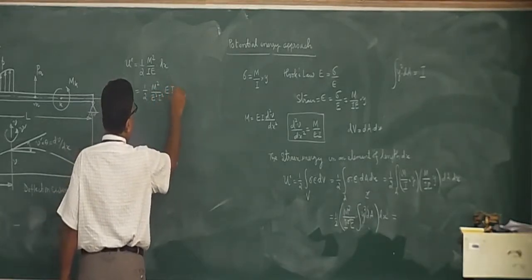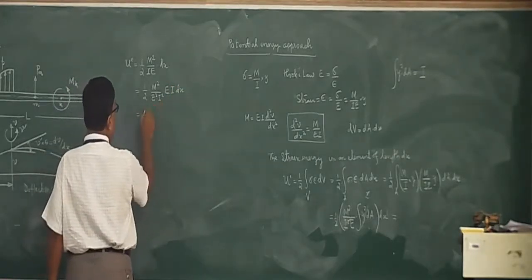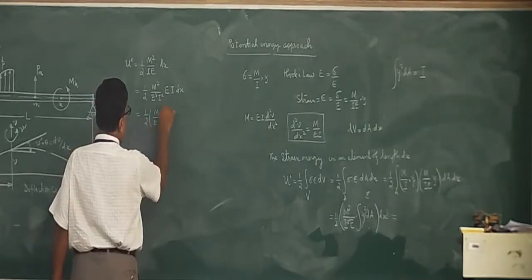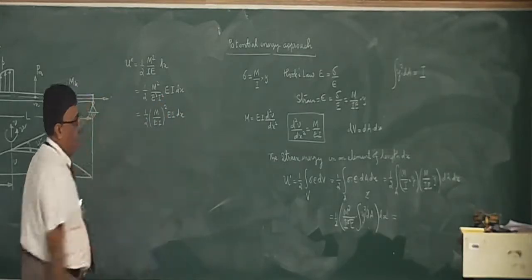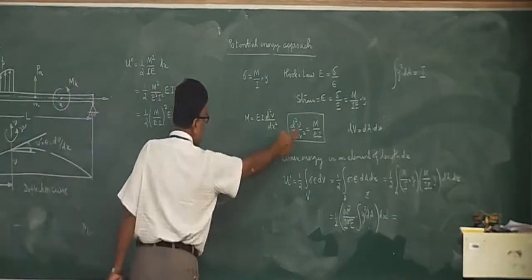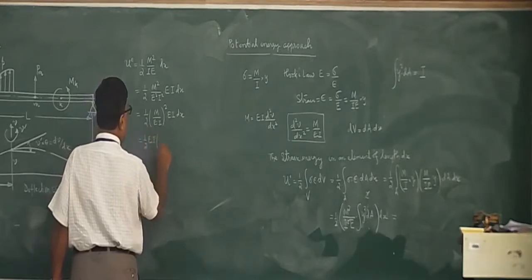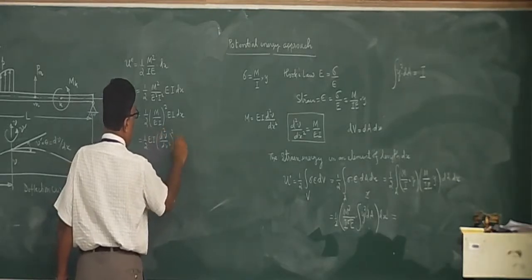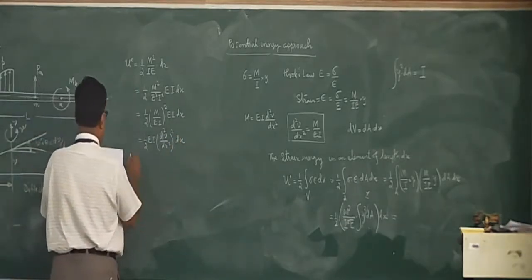So this is nothing but half M upon EI whole square into EI into dx. That is, I am multiplying and dividing by EI, and if I use this relation, M by EI is nothing but d square V by dx square, so it is going to be half EI into d square V upon dx square whole square into dx. This is exactly what you will get for the strain energy for this element.